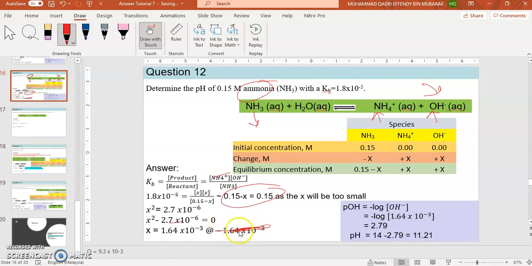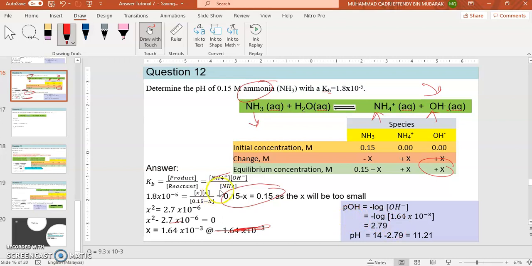Then pOH equals negative log of OH minus, because the pOH depends on the concentration of hydroxide ion in our solution. So negative log of x, which is 1.64 times 10 to the power of negative 3, gives 2.79.